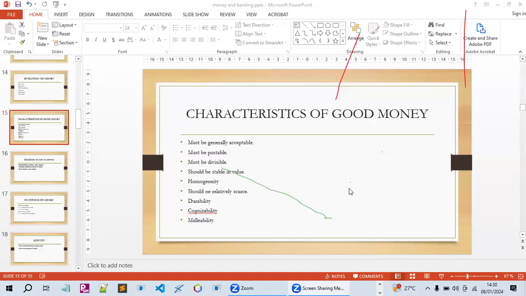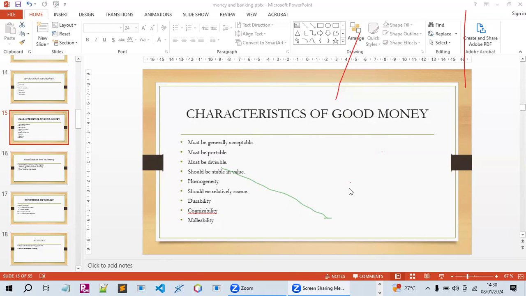And then good money should be portable. One should be able to carry money from one place to another. It shouldn't be bulky. And then good money must be divisible into smaller denominations so as to enable small transactions to take place.